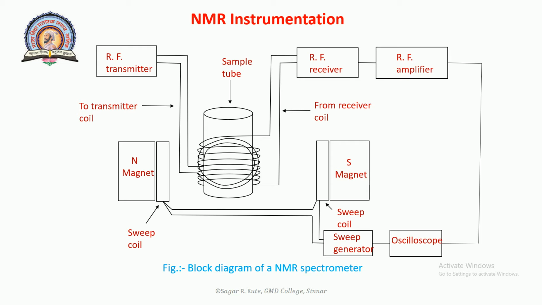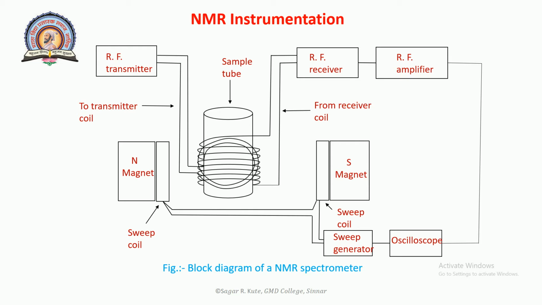We have already seen that the basis of the NMR experiment is to induce transitions between two consecutive energy levels that result when a nucleus is placed in a magnetic field. The resonance condition is given.